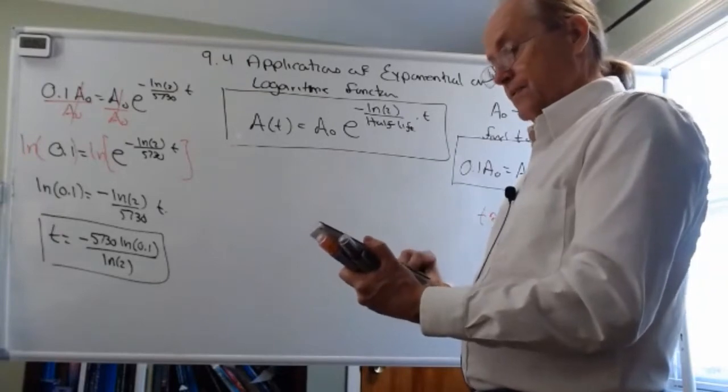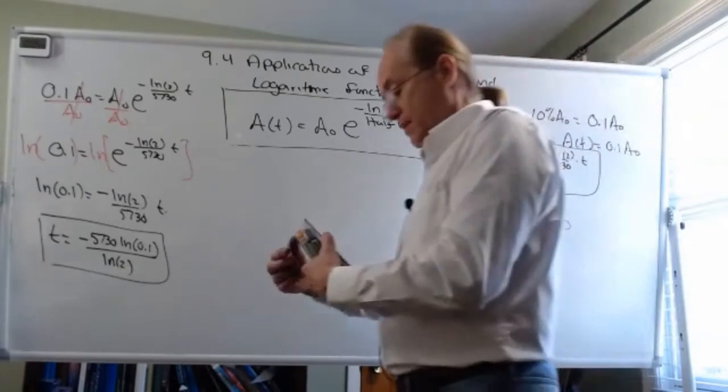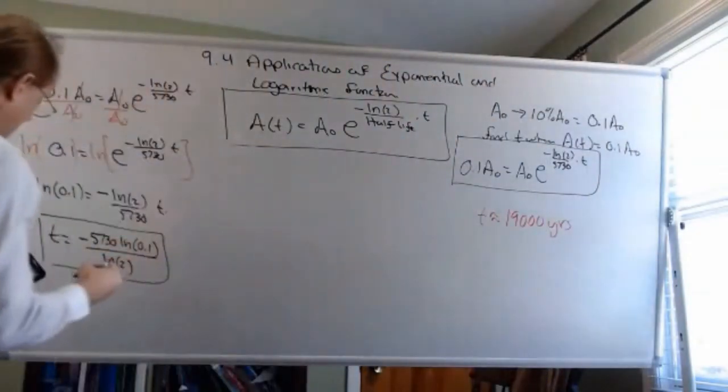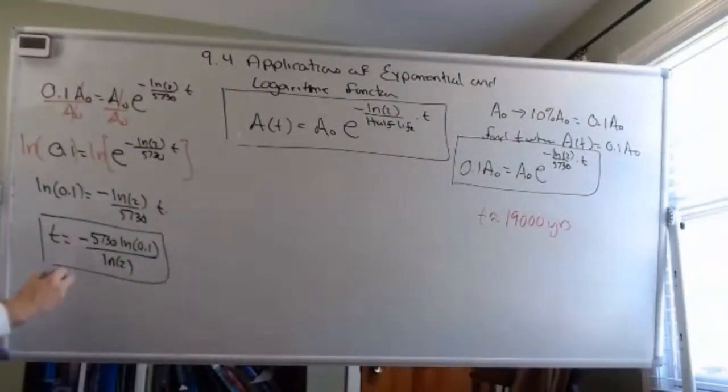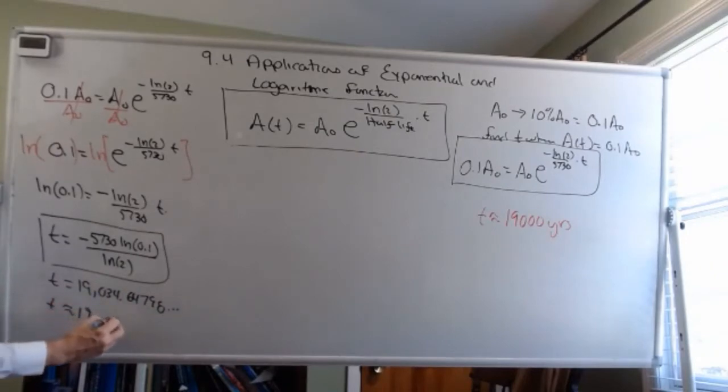And I get 19,034 point whatever, with the negative out front canceling. I get 19,034.64798. So I'm going to say t is approximately equal to 19,000 years.